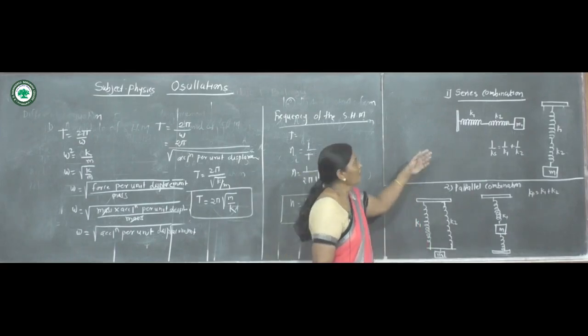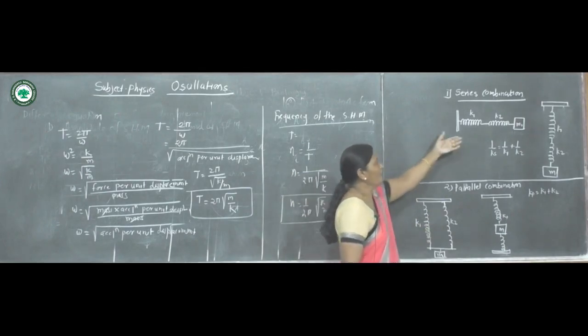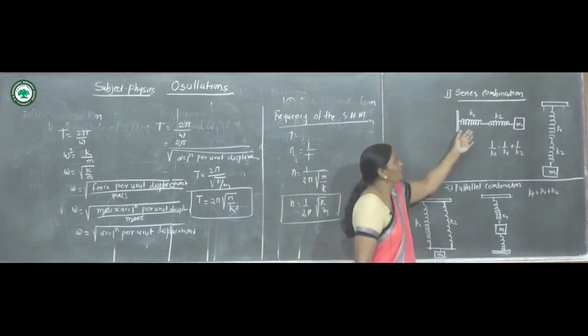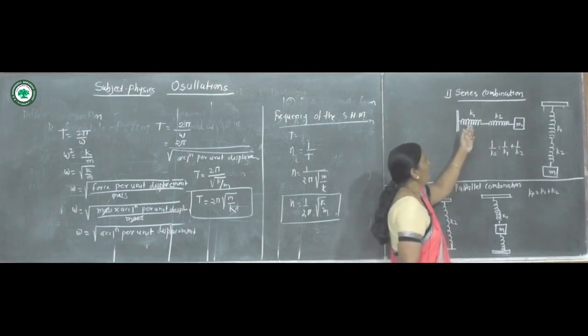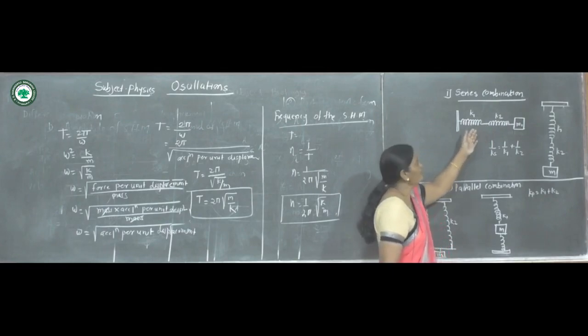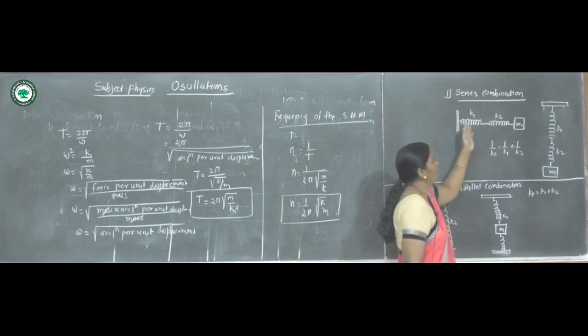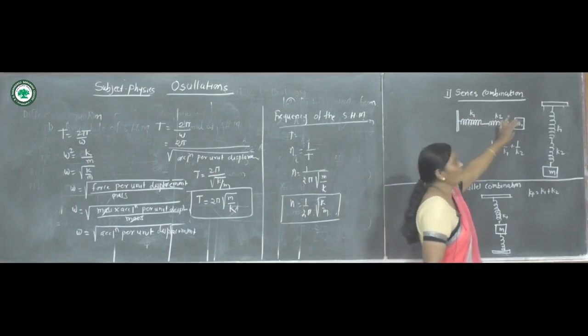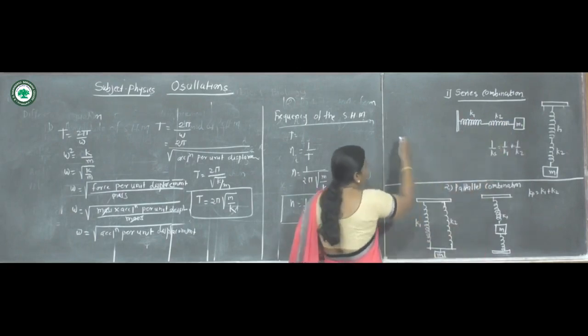Then we see some examples here. In this case we see two springs connected in series, having force constants K1 and K2. A mass is applied here, and we know force F is equal to Kx. Suppose a load is applied and e is the extension.